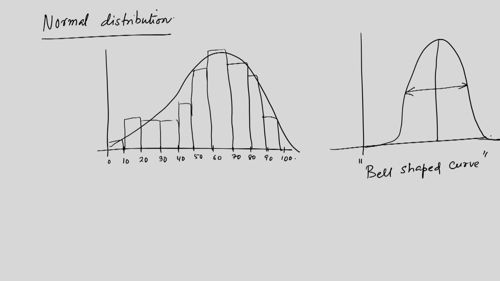Similarly, for marks such as 100 or close to 100, maybe there are only a few people or none. But even then one is termed a good teacher if the majority of the students have done in the average or above average range. So, this is called the normal distribution.